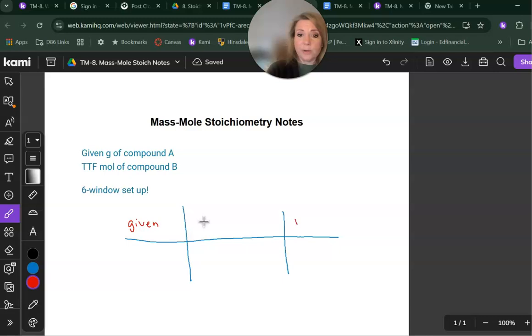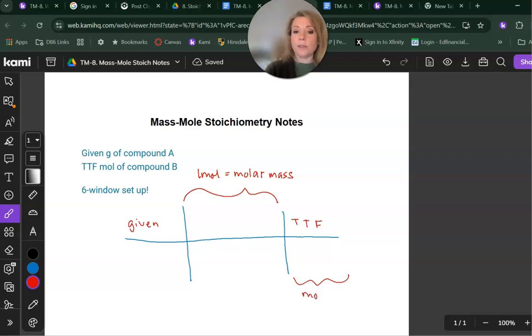We are still going to put our trying to find in the upper right, but the thing that's going to change is that instead of the mole ratio being here in the middle, we are going to put 1 mole equals the molar mass in the middle sections. And in our final section, this is where we will put our mole ratio.